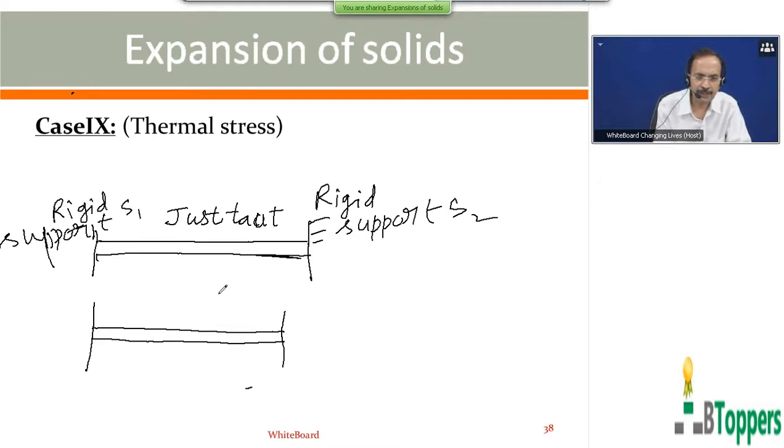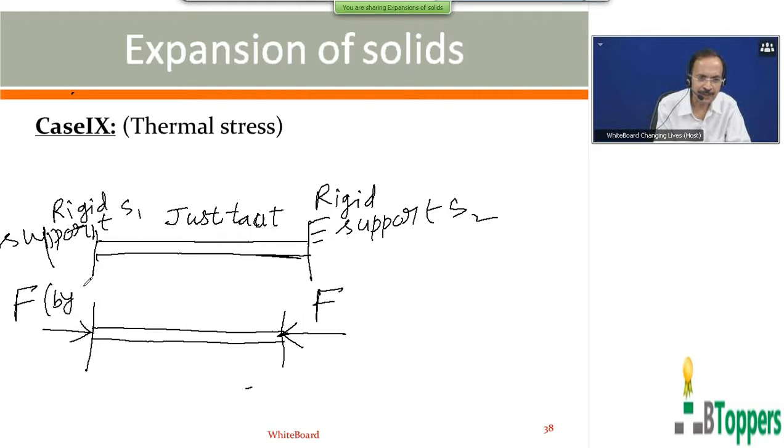But if the 2 ends of the rod are connected between 2 rigid supports, the expansion of the rod is prevented. So to prevent the expansion of the rod, each support exerts a compressive force on the rod.